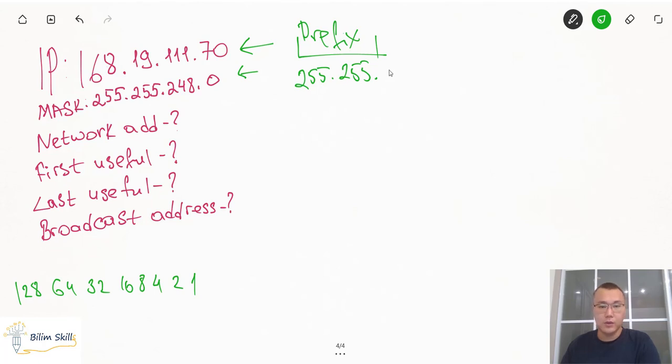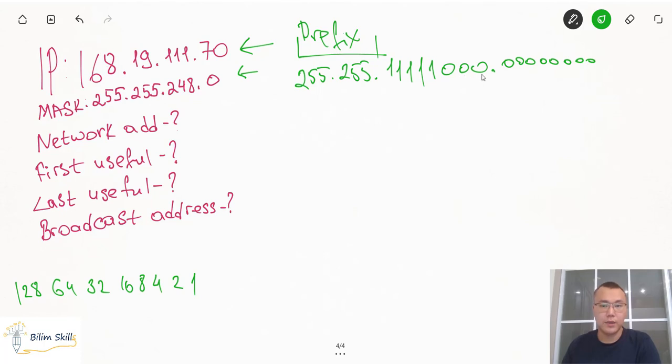248 is 1 1 1 1 1, and the last 3 are zeros, right? And the last octet is empty, which means there are 8 zeros.